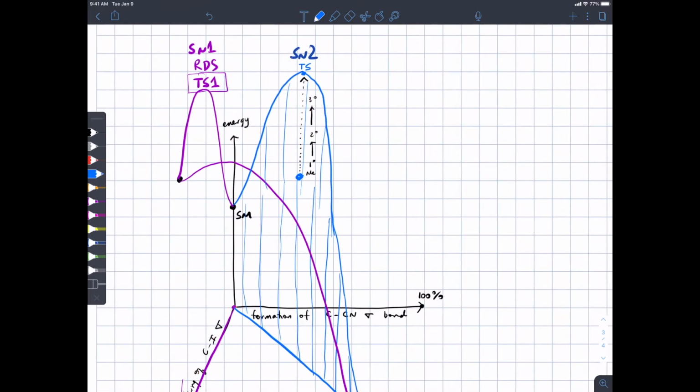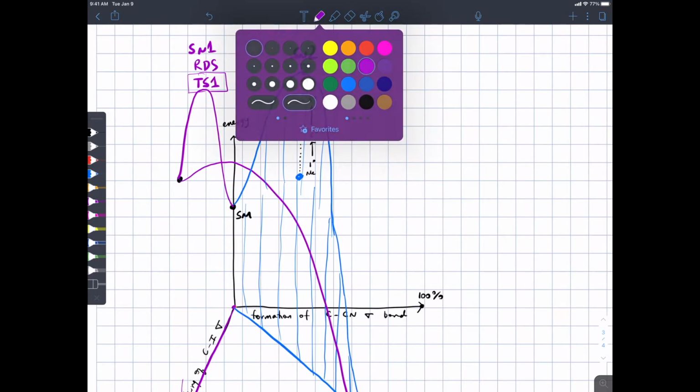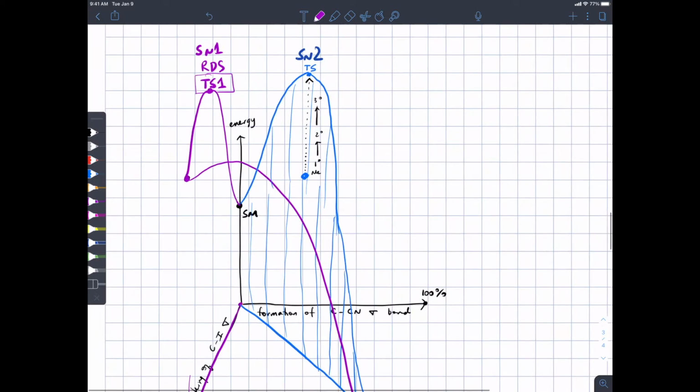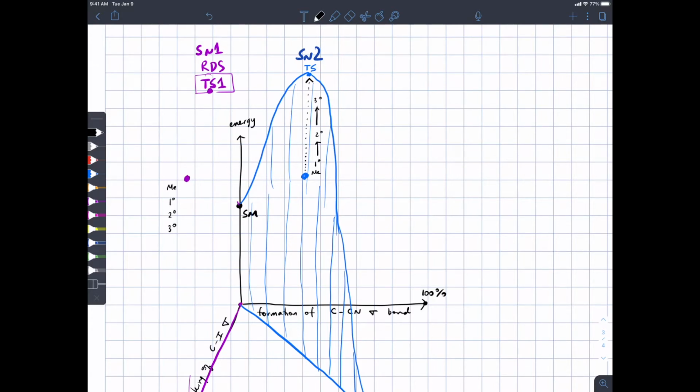I'm going to use purple dots for the transition state and for the carbocationic intermediate. I'm going to erase some of these lines now. We said that as we go from methyl to primary to secondary to tertiary carbocations, we're going to go more stable.